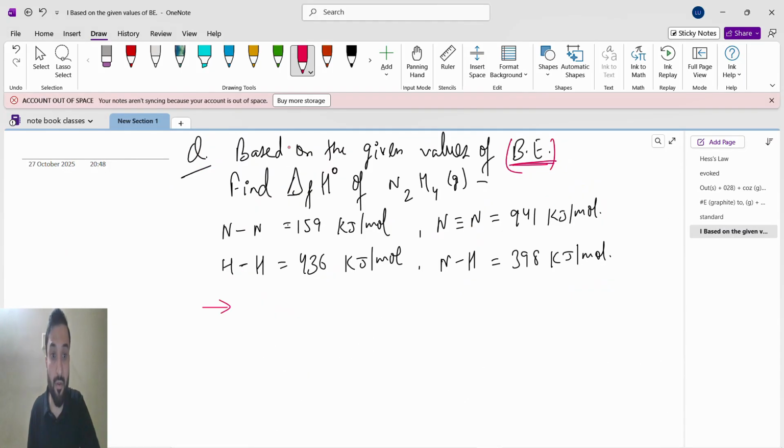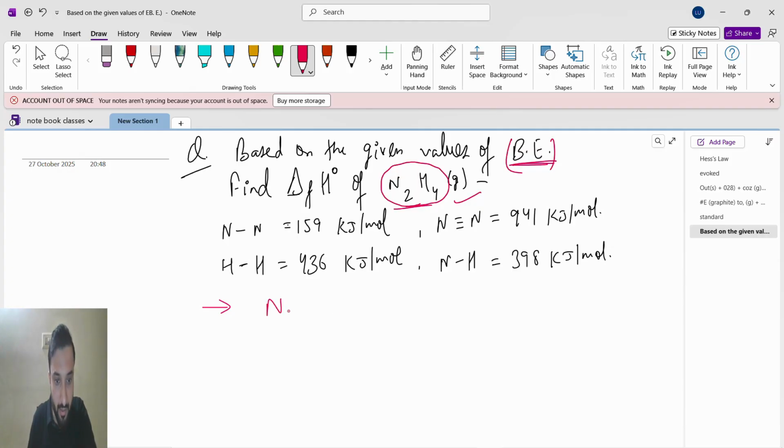Okay, but here the very important thing, guys, they said find the enthalpy of formation of N2H4. So here, guys, we have to write the reaction for how we are going to get the N2H4.